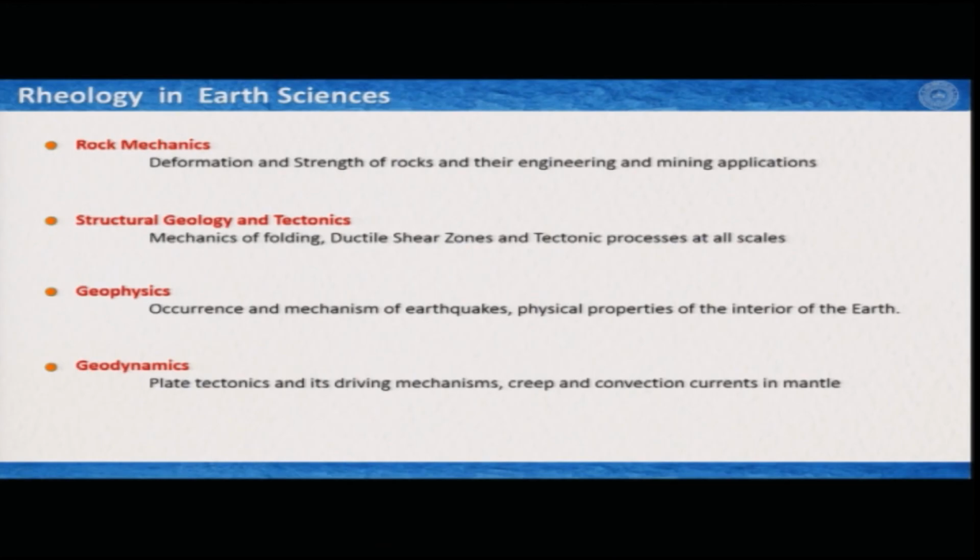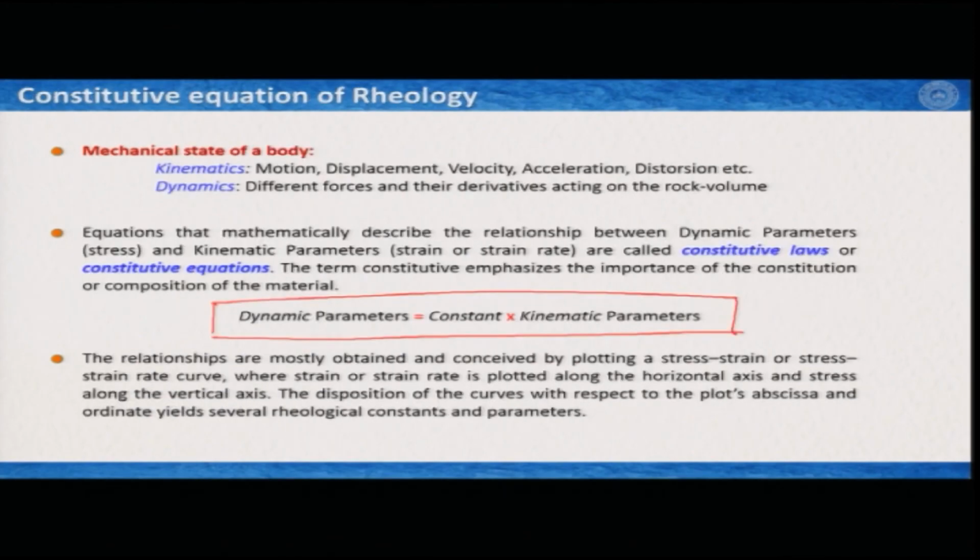Kinematic parameters mostly include motion, displacement, velocity, acceleration, distortion, etc. Whereas dynamic parameters mostly include different types of forces and their derivatives acting on the rock volume. Therefore, one has to find a balanced equation to mathematically describe the relationship between the dynamic parameters and kinematic parameters, and these are known as constitutive laws or constitutive equations.